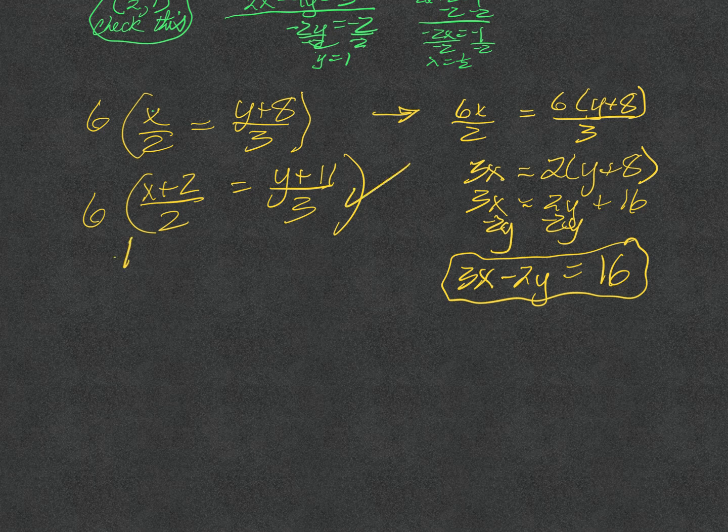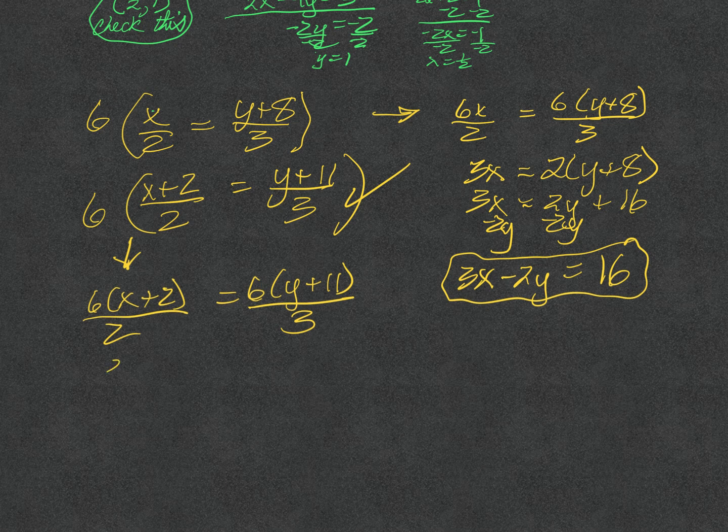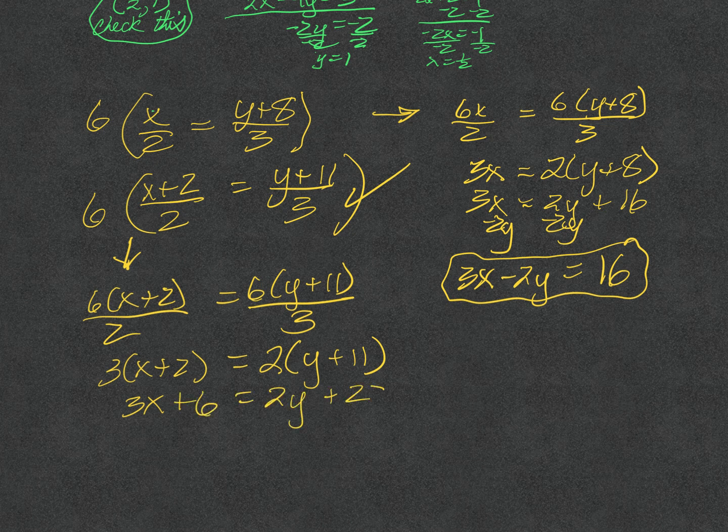So let's rewrite it. It's 6 times x plus 2 over 2 equals 6 times y plus 11 over 3. And 6 over 2 is 3, so you get 3 times x plus 2. And 6 over 3 is 2, 2 times y plus 11. And so that's 3x plus 6 equals 2y plus 22.